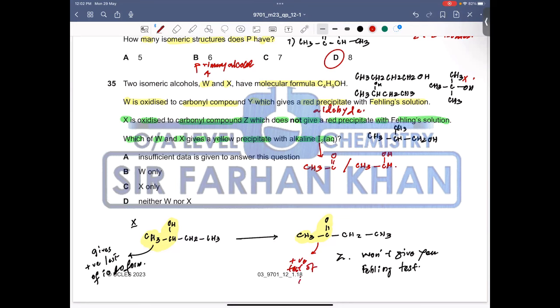Which of W and X gives a yellow precipitate with alkaline aqueous iodine? Only X gives a positive test of iodoform. X and Z both give it, but according to the options there is no Z, so we go for X only, and therefore C is the right answer.